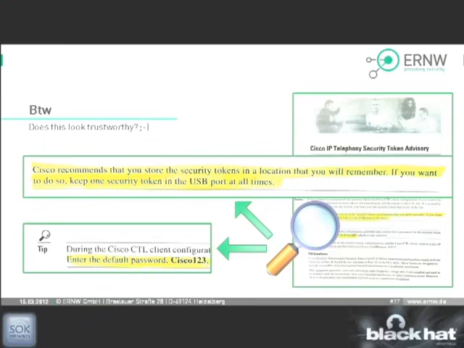This is what comes with the tokens. I mean, this does not sound entirely convincing for security guys like us. It recommends to store the security tokens in a location that you will remember. If you want to do so, keep one security token in the USB port at all times.